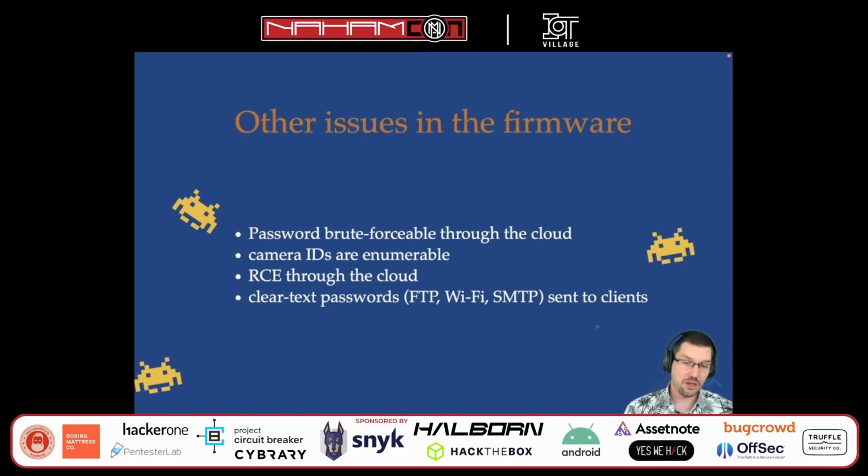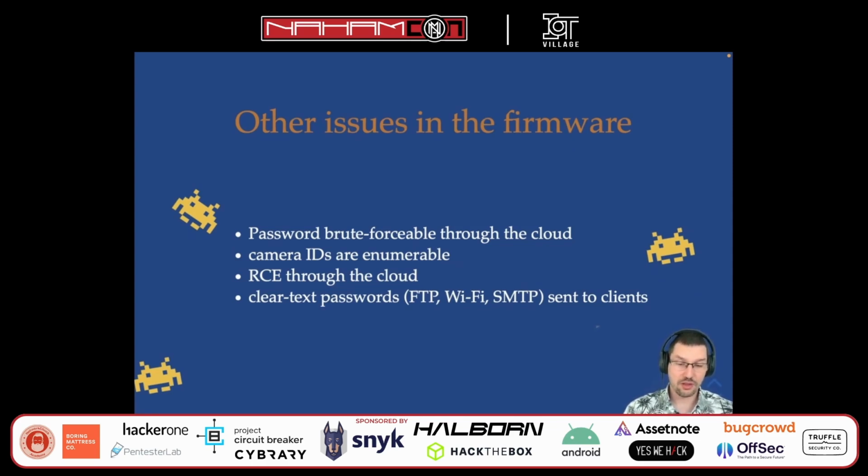And as I already mentioned, the passwords in the configuration file are stored in clear text. For example, if you log in to the camera on an open Wi-Fi network through the mobile app, after authenticating in clear text to the device, you will receive the clear text configuration of the camera.